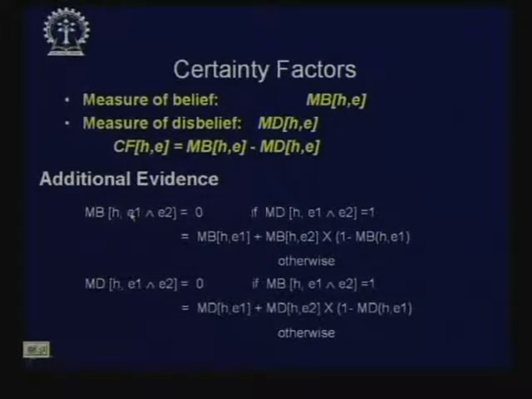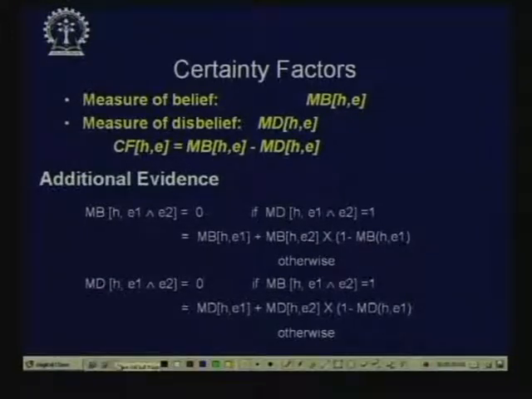E1 is supporting H to some degree, E2 is supporting H to some other degree. Now, how can I compute MB of H given E1 and E2? I hope this is clear.